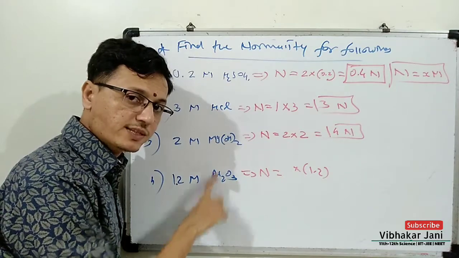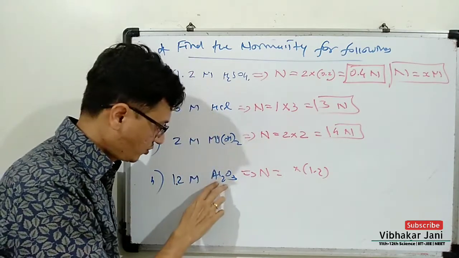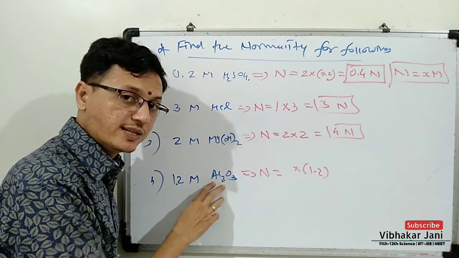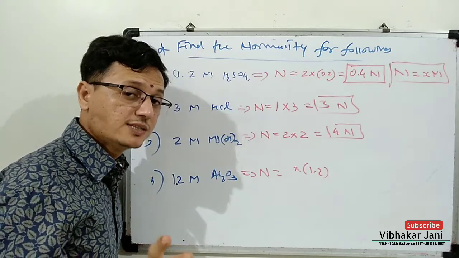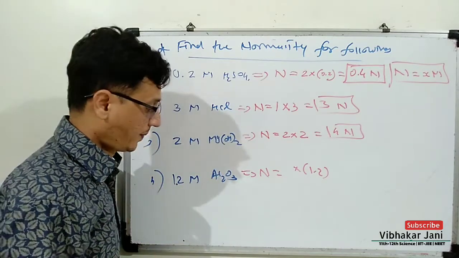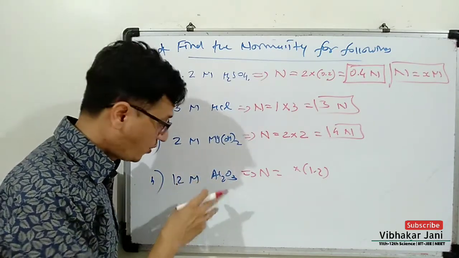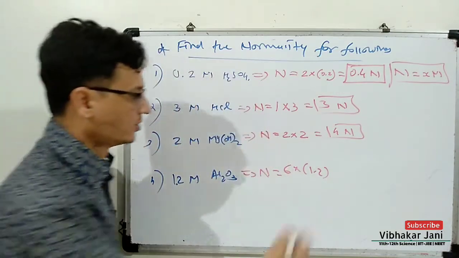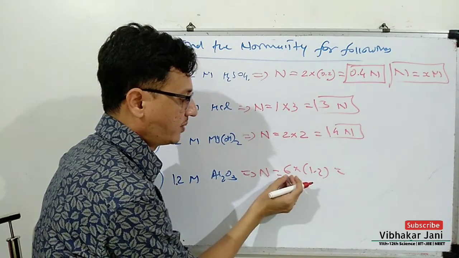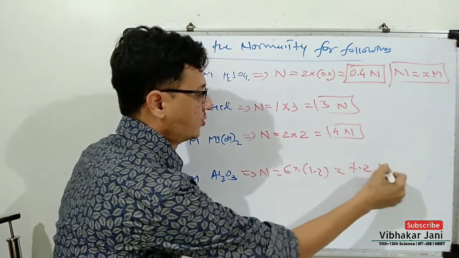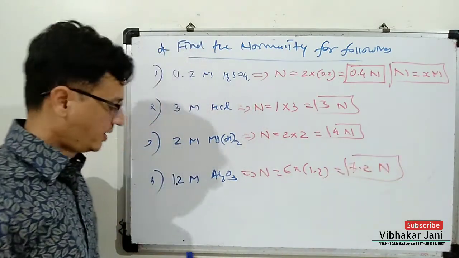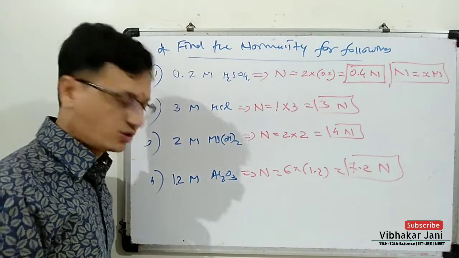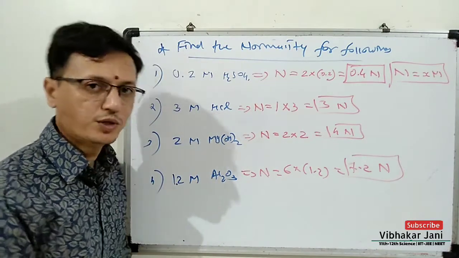Each aluminium is having +3 charge, but here we have two such Al +3. That means the total positive charge is +6. So the total value of X for Al2O3 is 6. So it will be 1.2 multiplied by 6, that is 7.2 normal. This is the normality of our Al2O3 solution having molarity of 1.2.